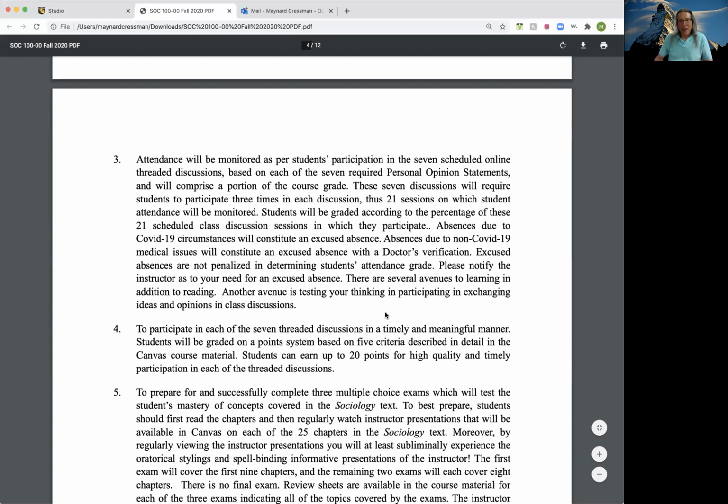So from Monday at 12:01 a.m. until Tuesday at midnight, your task is to read as many of the personal opinion statements as you care to read, and then comment to the person who wrote that personal opinion statement, as to what you think about something she said in there. Okay? What constitutes a high quality comment?